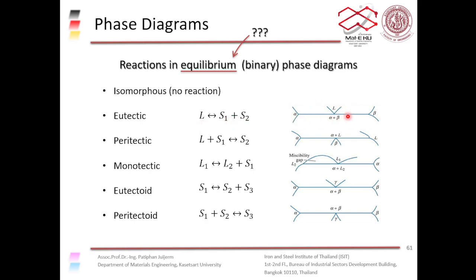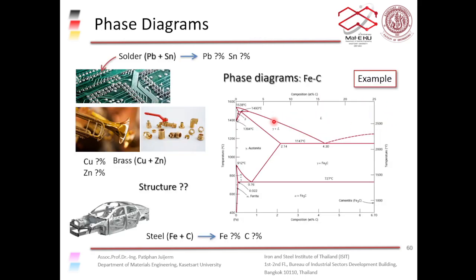And if you look at this representation on the phase diagram here, you have these two lines, this line here and this line here, coming down and joining together at this point. Above that point, you get the liquid phase. Below that point, you get two solid phases. Right? This is the eutectic reaction.